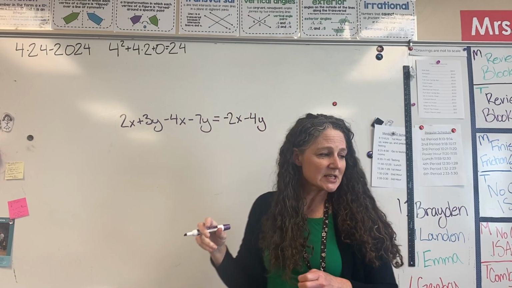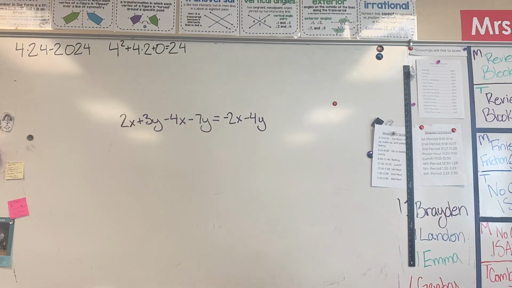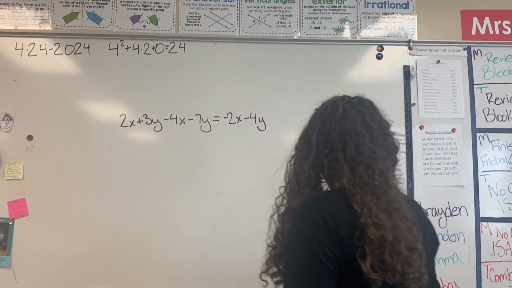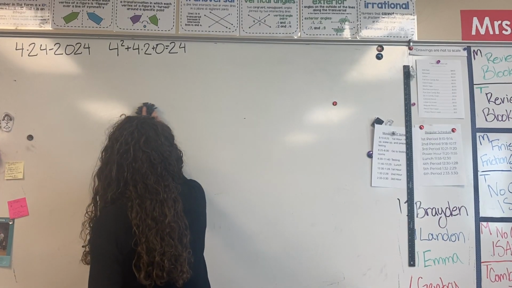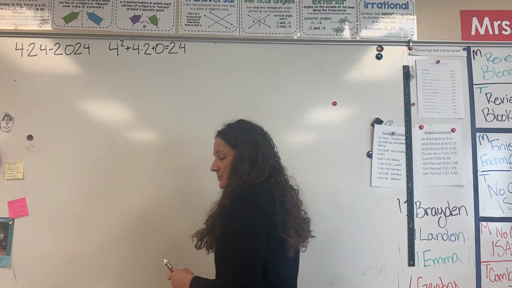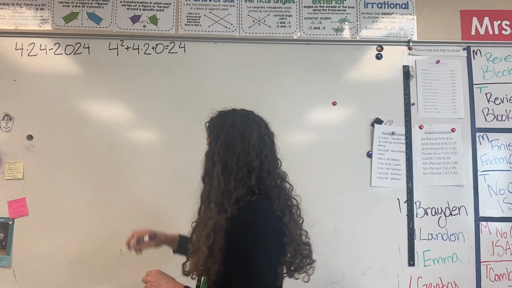Okay? So today we're going to be using some of our distributive property things with combining like terms. I want you guys to think back to our M&M's machine yesterday, except it's filled with x's and y's.